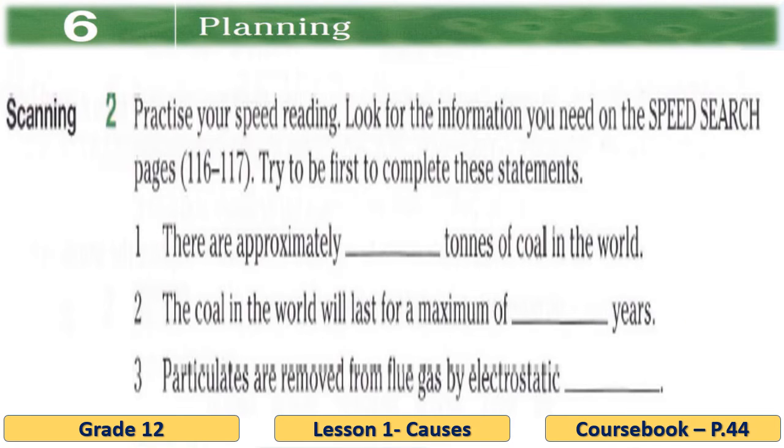Now let's check your answers. The first one, there are approximately 1 trillion tons of coal in the world. Number 2, the coal in the world will last for a maximum of 200 years. And the last one, particulates are removed from flue gas by electrostatic precipitators.